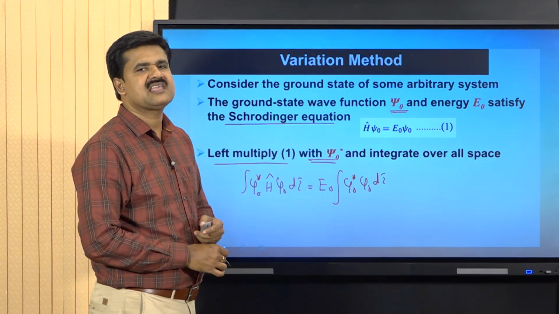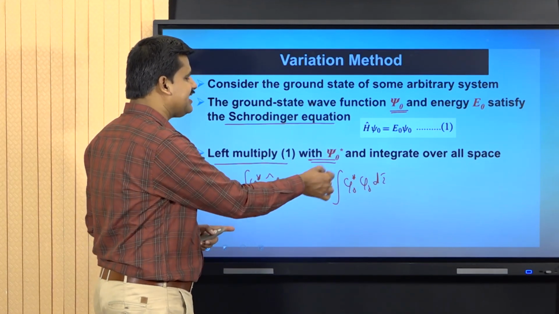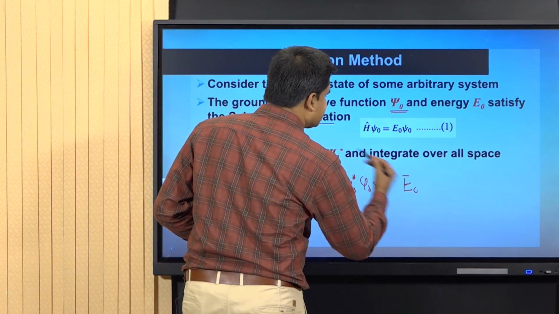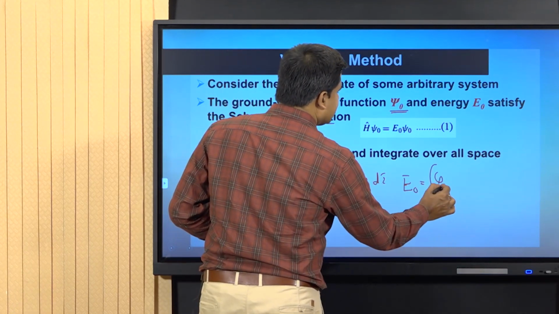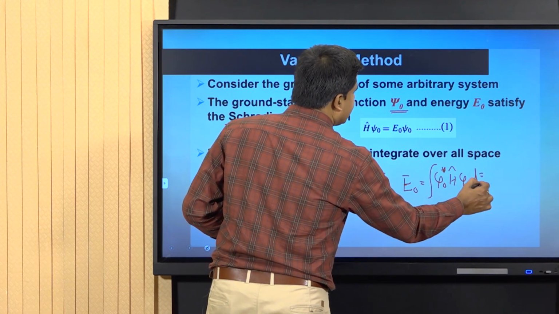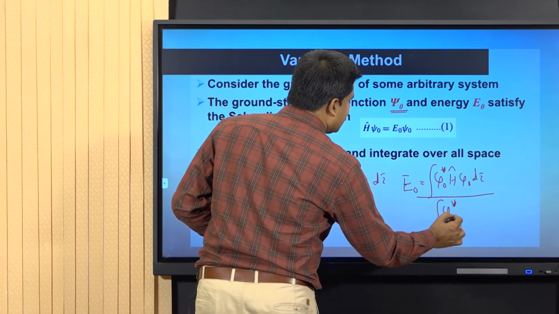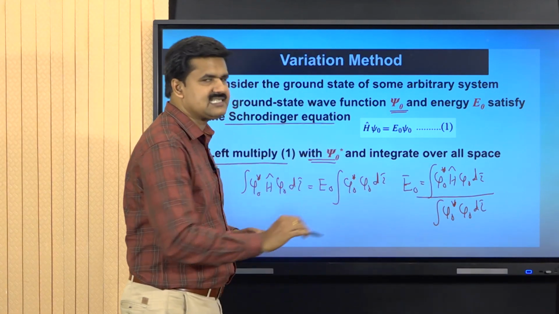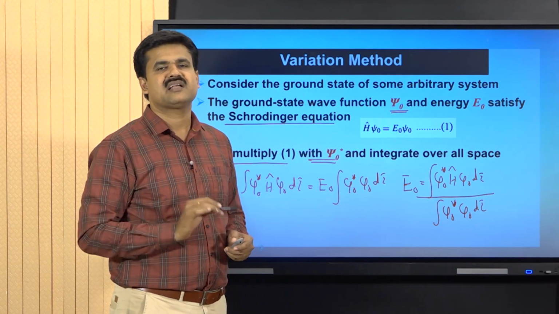From this, I can find the ground state energy by simply rearranging this expression. That is, the ground state energy of the system E0 is given by integral psi0 star H hat psi0 d tau divided by integral psi0 star psi0 d tau. This equation represents the ground state energy associated with the quantum mechanical system.